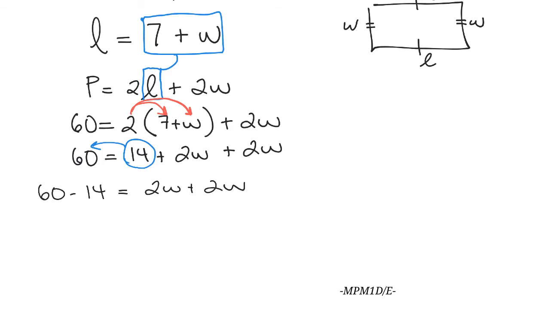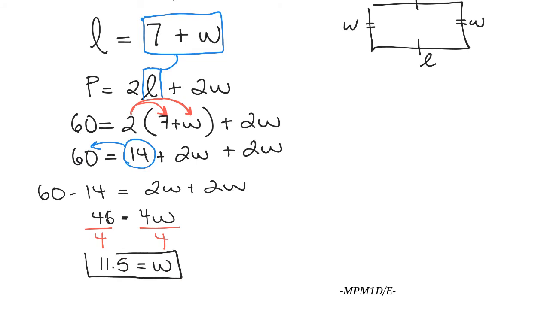So we've got 60 minus 14, which is 46. And 2W plus 2W is 4W. Okay, to solve or isolate for W, we need to divide both sides by 4. So 46 divided by 4, that's going to give me 11.5. So the width of this rectangle is 11.5 meters.